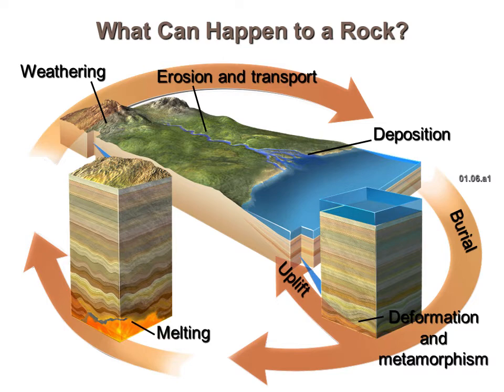If we continue to add heat, we're going to melt that rock completely. So now we've got magma. Rocks exposed to high temperatures can melt, and melted rock can cool and solidify at depth or by rising to the surface as magma. Once it reaches the surface, magma is called lava, so it can be erupted as lava.